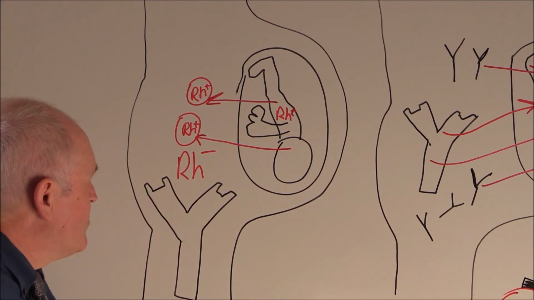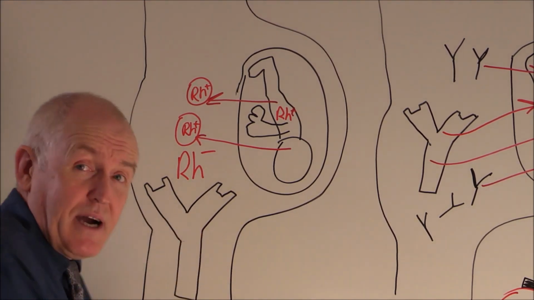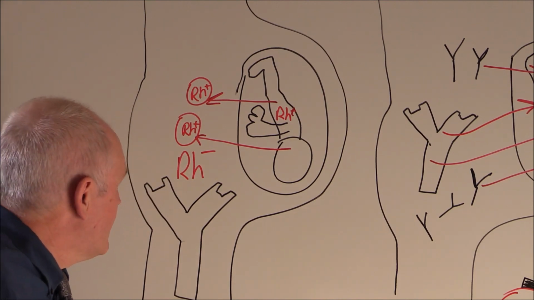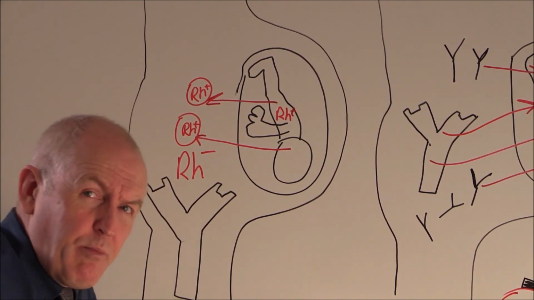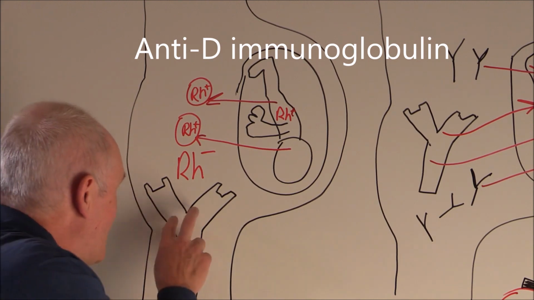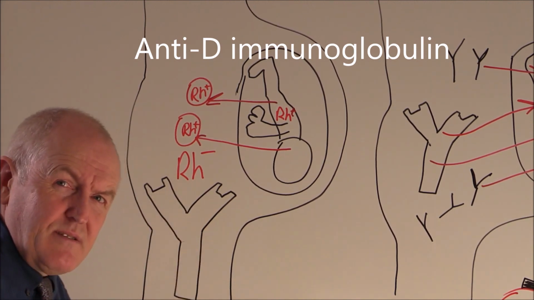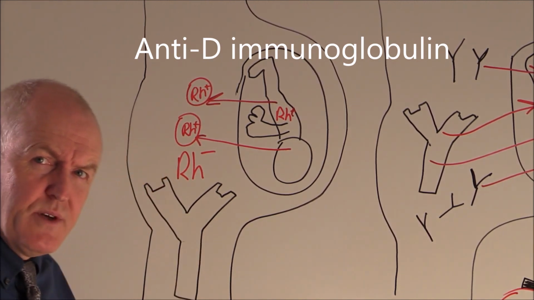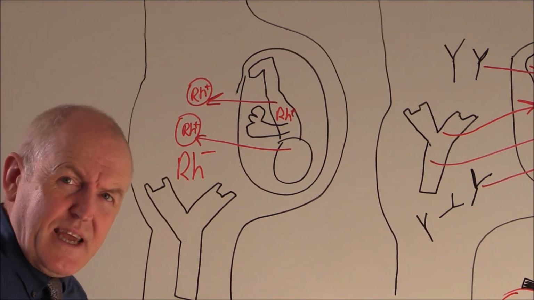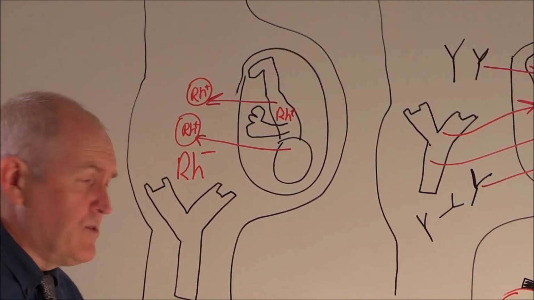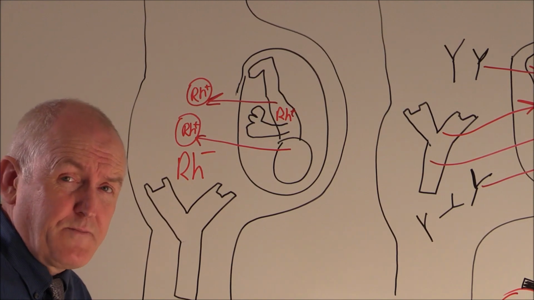Now, a lot of units will give an injection of anti-D at about 28 weeks in pregnancy. But the critical point is to give an injection of the anti-D antibodies. It's a form of passive immunisation of the mother, really, to give that immediately after birth or as soon after birth as we can, or certainly within the first 24 hours.